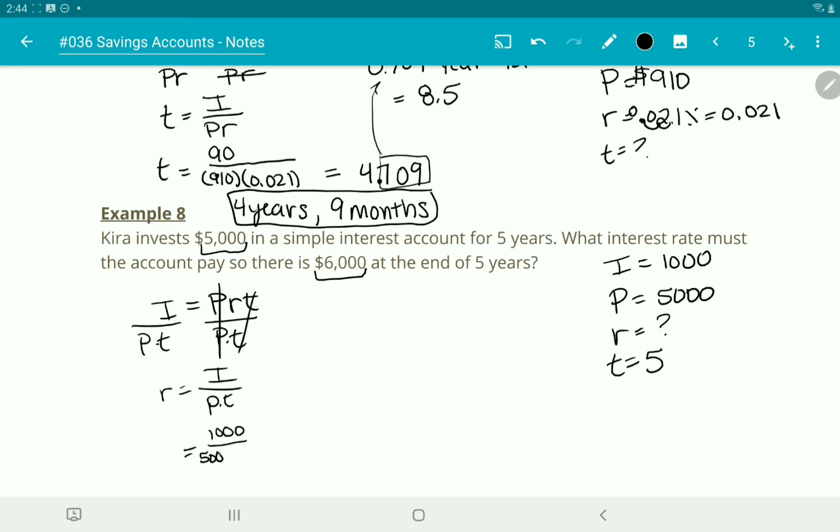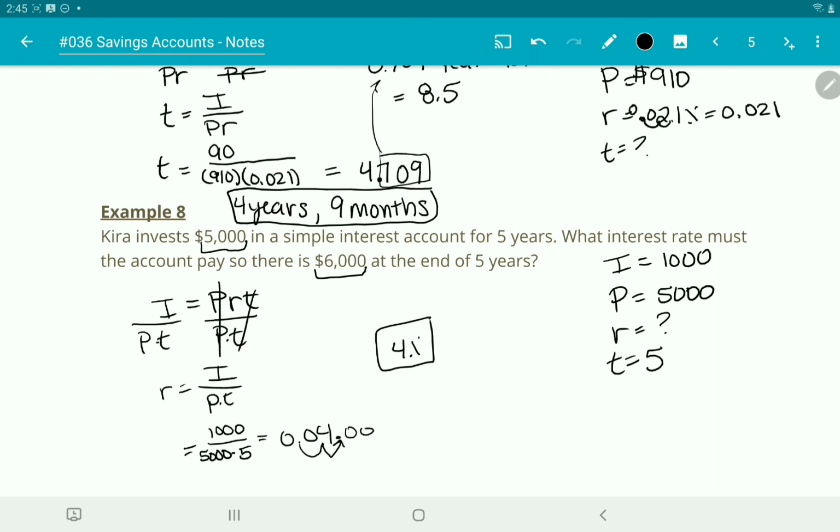Principal was $5,000, and then the time was 5. So if you type that into a calculator, you're going to get 0.04. If you show it as a decimal instead of a percentage, it'd be 0.04. But if you need to go back to a percentage, you're going to move the decimal point over 2 places. So that would be 4% interest.